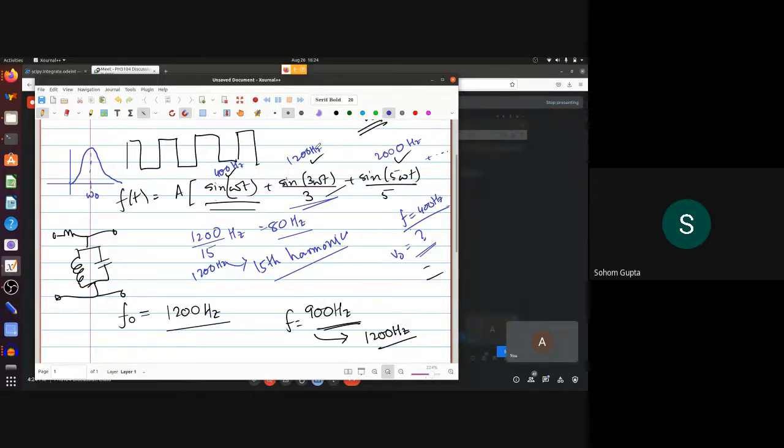So I have a bit of confusion with the circuit itself. I can understand this, but when we are talking about the parallel resonance circuit, the impedances of the capacitors and the inductor, we know them to be 1 over j omega c and j omega l for a particular value of the frequency.